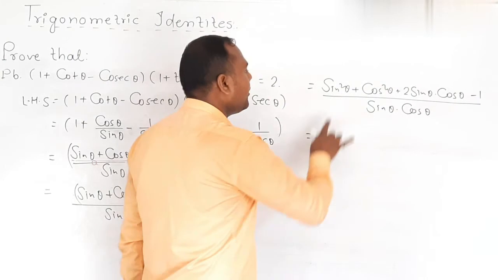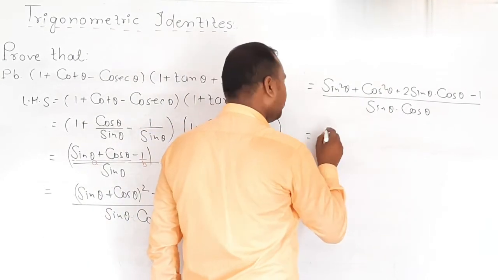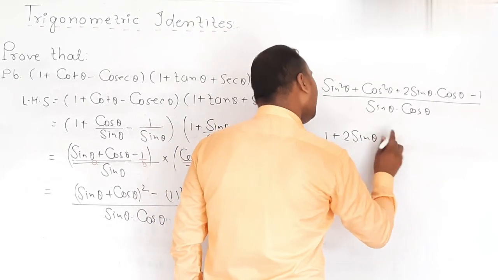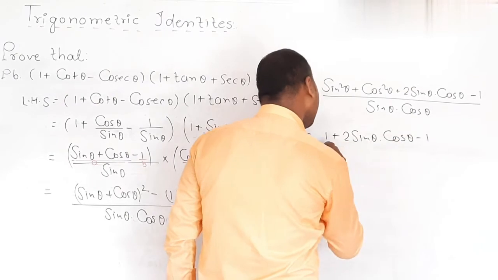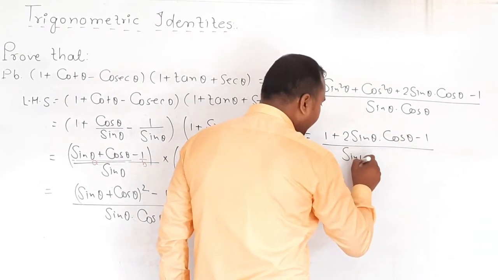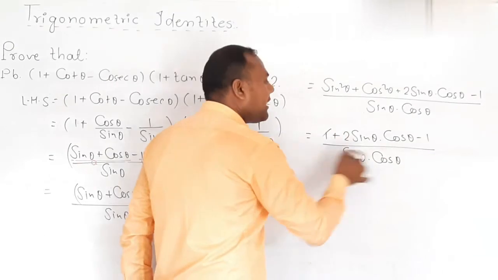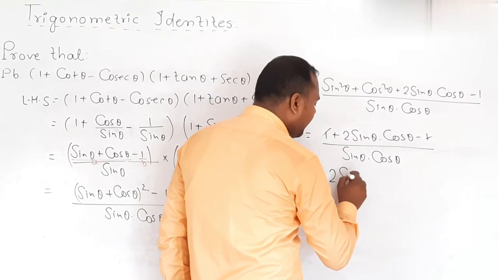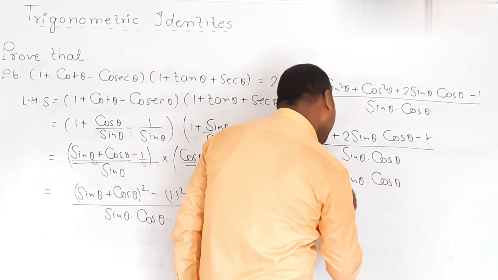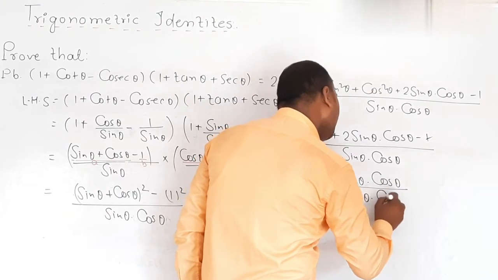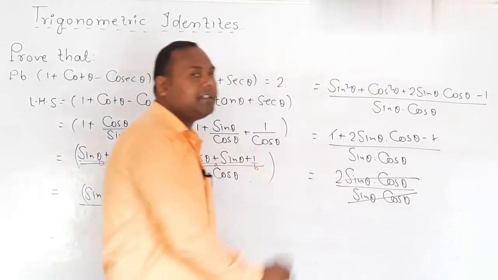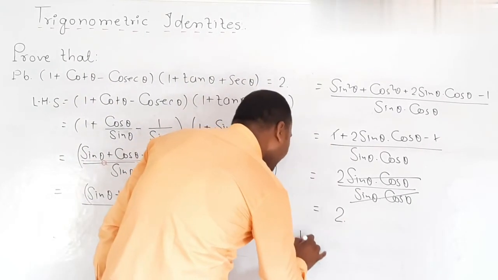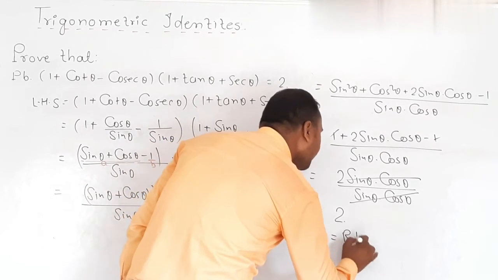Hence sin square theta plus cos square theta, that means 1, plus 2 sin theta into cos theta minus 1 divided by sin theta into cos theta. 1 cancels out with 1, and the remaining part is 2 sin theta into cos theta divided by sin theta into cos theta, and this cancels out with this part, and the result will be 2. Therefore LHS will be equal to RHS.